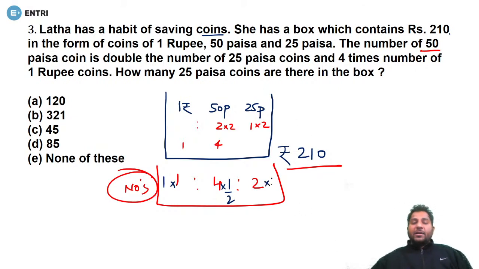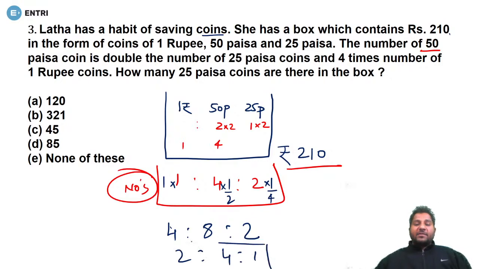For 25 paisa coins we get 1/4 of the value, so we multiply by 4. That gives 8 and 2. Separating again, we get 2, 4 and 1. This is the final ratio of value.